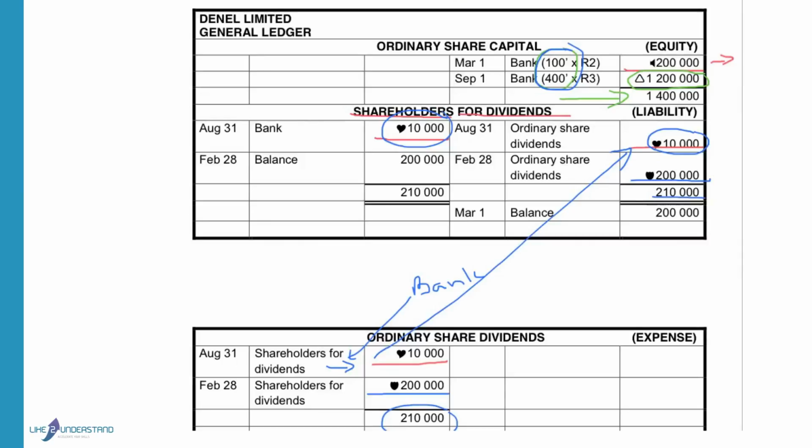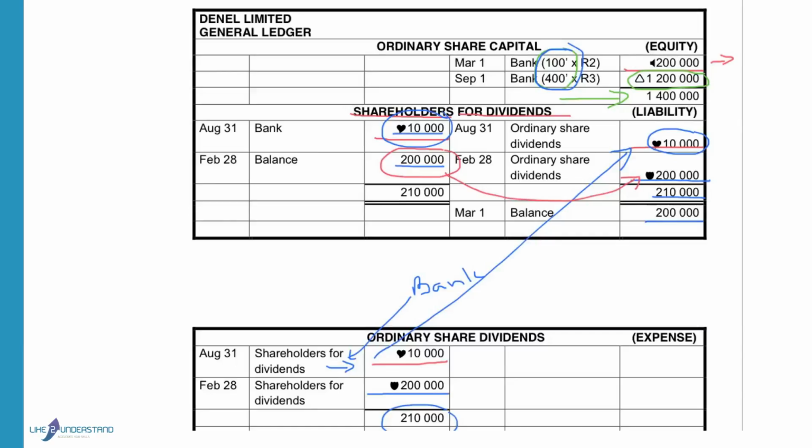We already paid 10,000, so the outstanding balance that will be paid at the beginning of the following year will be 200,000 Rand. This is very important to pay attention to, because quite often when we do cash flow statements, they don't give you the final dividend, but if they give you this closing balance of 200,000 Rand, it indicates immediately that that is the final dividend that was declared.